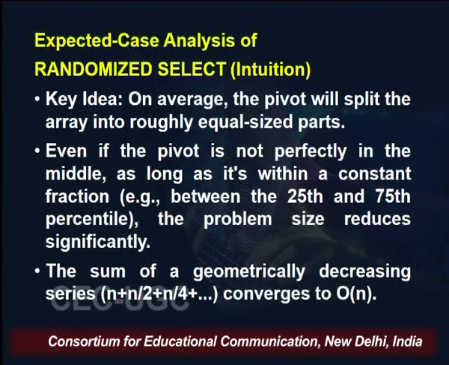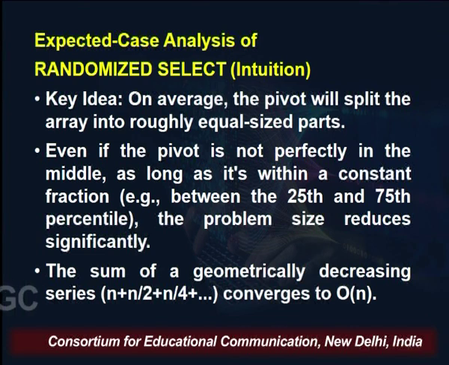Now when we talk about the expected case analysis of randomized select, it is based on intuition. The key idea says that on average the pivot will split the array into roughly equal size parts. I will not say precisely equal size parts, but roughly equal size parts.